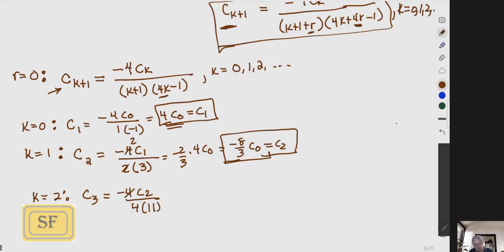There the 4's cancel, and we get negative 1/11 times c2. c2 is negative 8/3 c0. So that gives me 8/33 c0 is equal to c3.